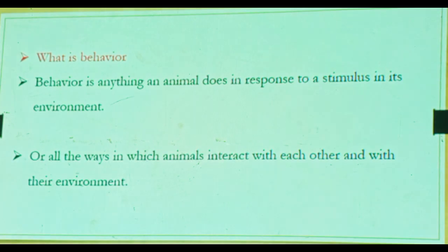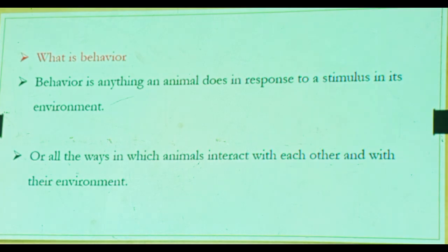The external as well as the internal environment. Internal environment means the body of the animal itself. External environment is everything external to the body of the animal. Therefore, every response is known as behavior.